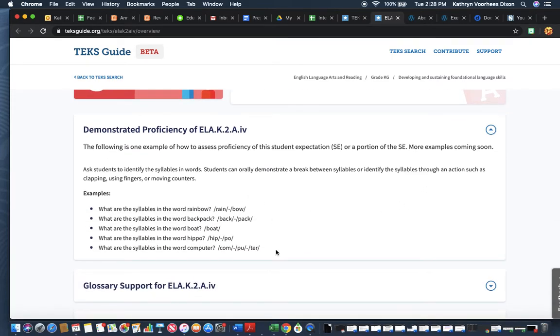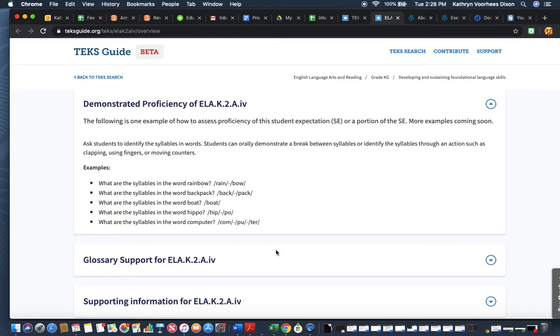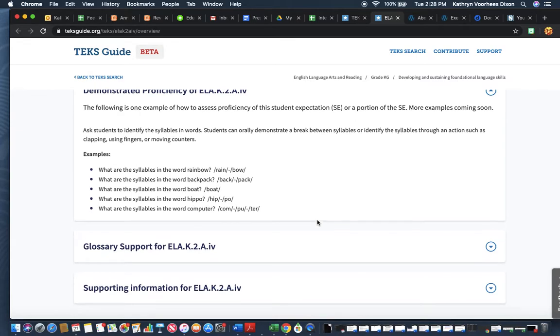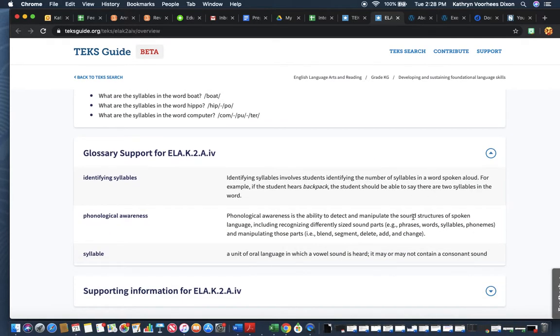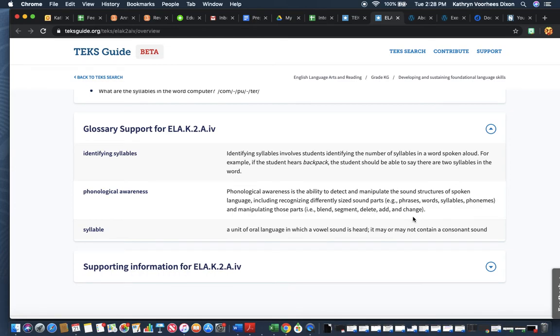So here are some examples that they gave about being able to identify syllables in given words. Then you'll see other drop-down areas. So right here we have a glossary. So again, if there's a word, a term that you are not familiar with or you can't remember what it means, then it gives you the glossary that goes with that particular TEKS.